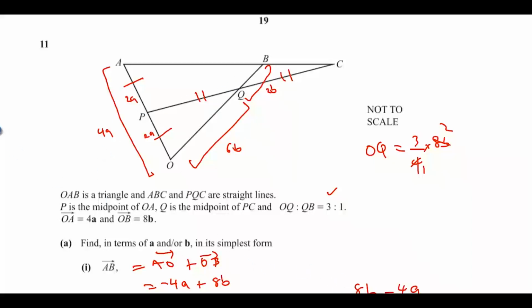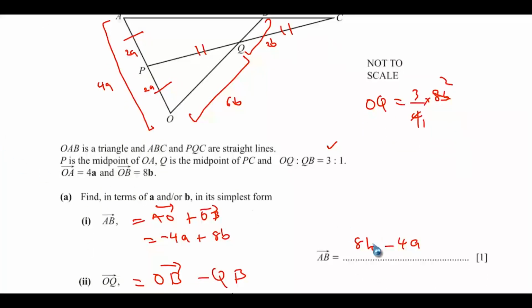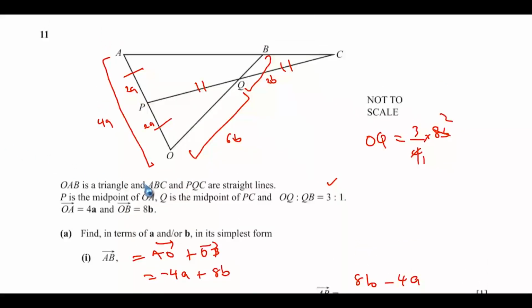Yes, we found that, look at it here. That was the first question. So AB is 8B minus 4A. And finally BQ is negative 2B, because QB is 2B, so BQ will be negative 2B.